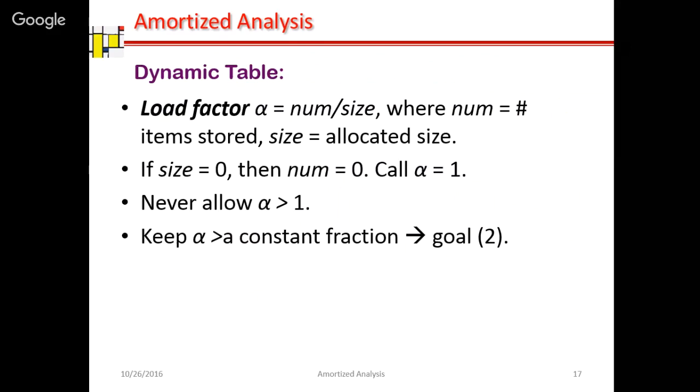If size equals 0 and number equals 0, then we say alpha equals 1. A hint here is that we never allow alpha to be greater than 1. We are supposed to keep alpha greater than a constant fraction, which is the goal, 1/2.